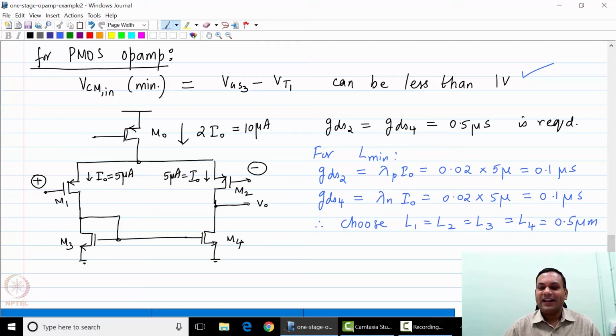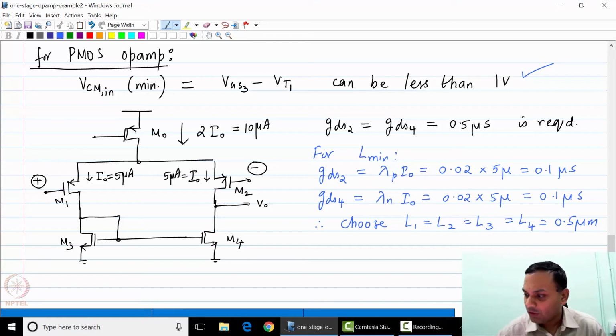If the value of output resistance was not large enough, if GDS2 and GDS4 were not small enough, you would have to increase the length of the transistors to get a larger output resistance. In this particular example, this is good enough.